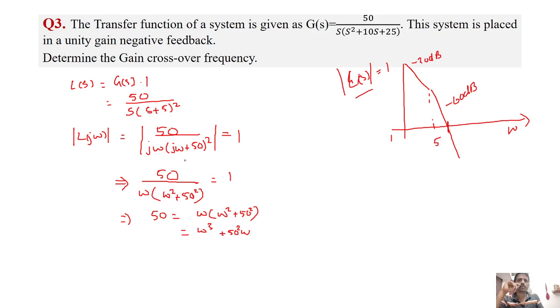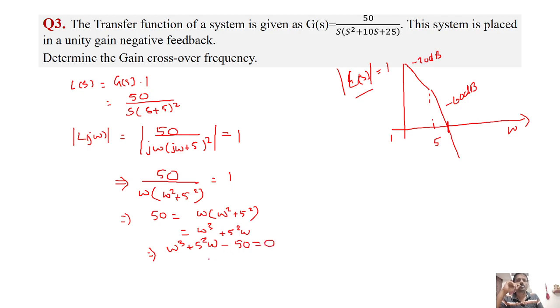Oh, this is not 50, this is 5. Sorry, let me rub that. Okay, so this is 5, so sorry for that. So that is 5 square. Okay, so we can write omega cube plus 5 square omega minus 50 equal to 0.